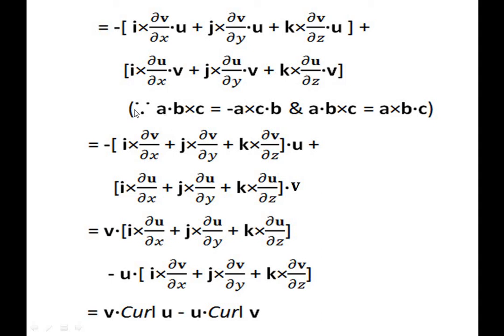Since this property holds, we take u outside and v outside. Then we get minus of (i cross ∂v/∂x plus j cross ∂v/∂y plus k cross ∂v/∂z) dot u plus (i cross ∂u/∂x plus j cross ∂u/∂y plus k cross ∂u/∂z) dot v.